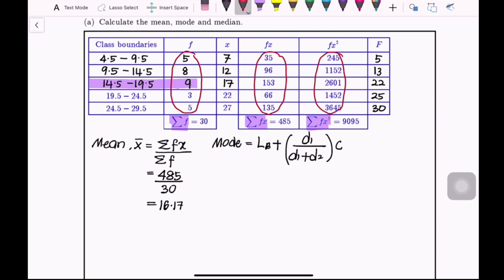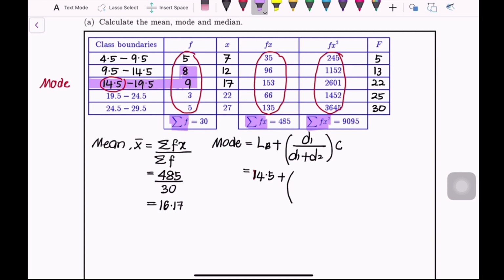So we write modal class here. Then substitute LB, lower boundary for the mode class is 14.5, plus D1. D1 is the difference between frequency of mode class and the previous frequency.